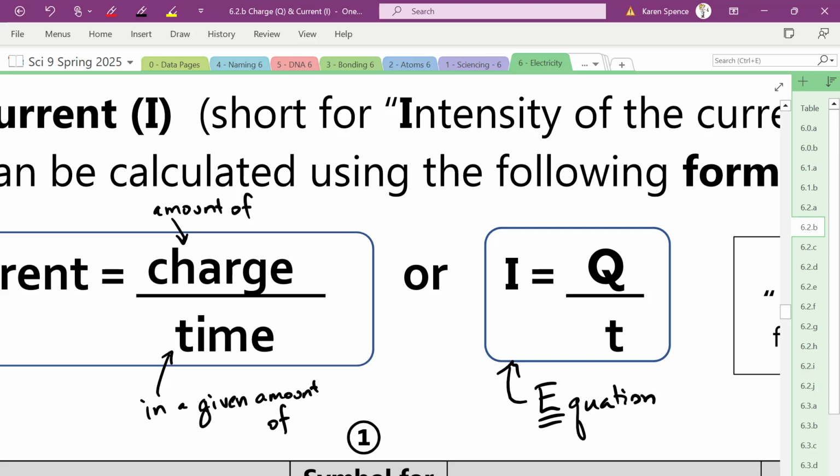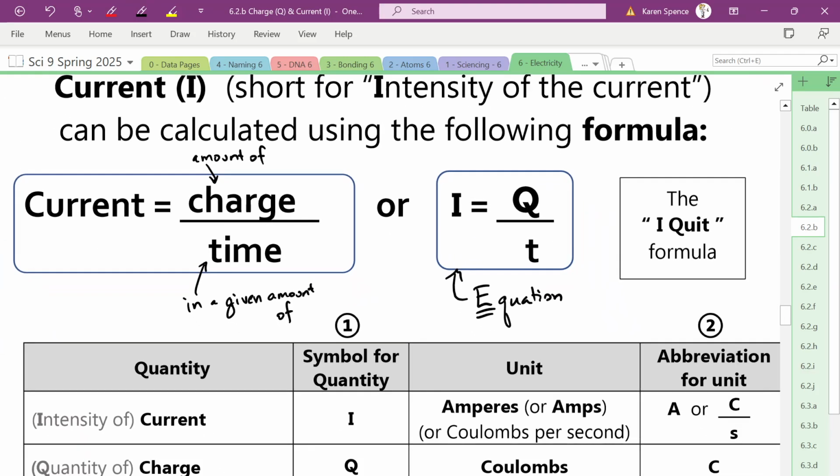So it's your choice whether you use the purple sheet that has the I equals Q over T on it, or whether you memorize that formula, okay? This is known as the I quit formula. Okay?